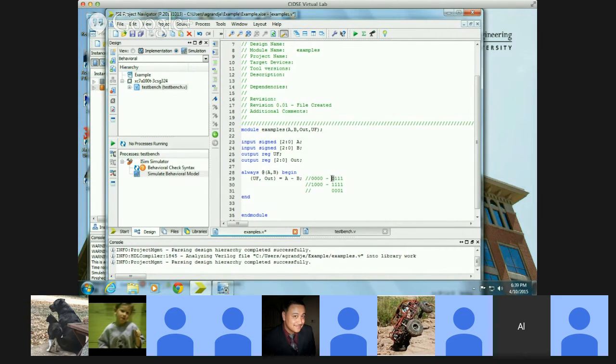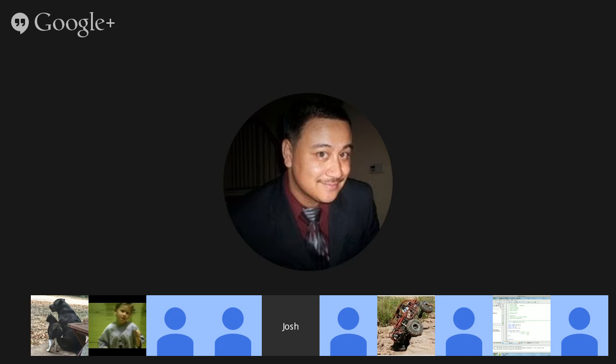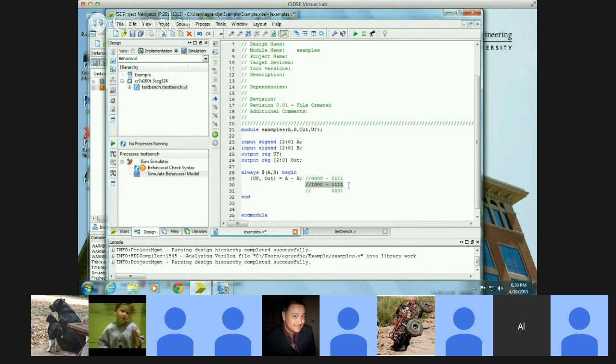So this will tell you whether it's positive or negative. So like I was saying down here, these would be all the values that correspond to negative numbers on the 7 segment.